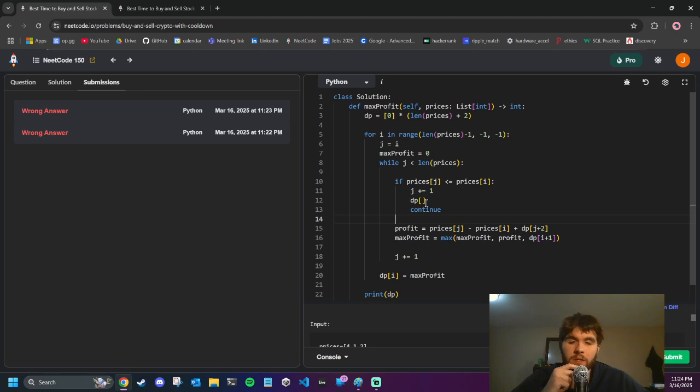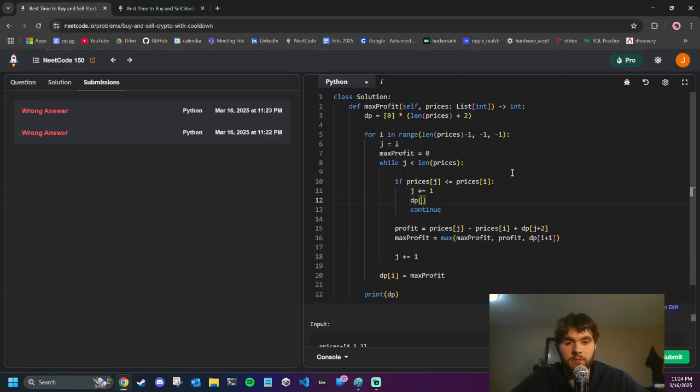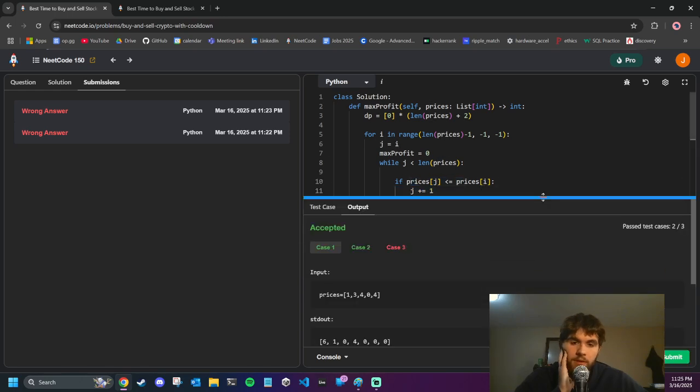Yeah, we're also never setting dp as well. So if you can't sell into anything, then what does that mean? That means that you should just take the previous one. So dp of i equals dp of i plus 1. And then, of course, oh no, we are setting it here actually. I think it might have just been this continue statement, because we weren't setting the dp if you continue.